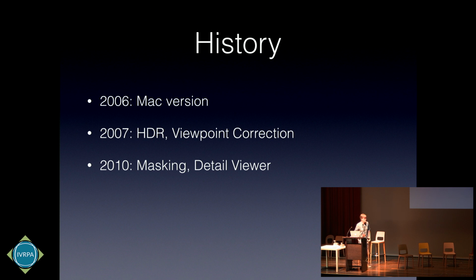In 2010, two other big new features were added: masking and the detail viewer. And 3 years ago, PTGui got a brand new stitching engine using OpenCL GPU acceleration. And I think it's safe to say that it's still the fastest photo stitching software available at this time. It can do a gigapixel panorama in less than half a minute.